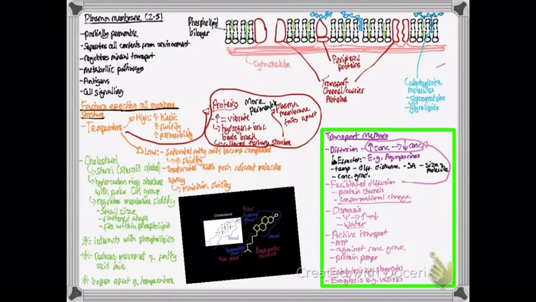So endocytosis is ultimately vesicle formation, whereas exocytosis is the vesicle fusing with the plasma membrane and releasing the contents out. Okay, so ATP is required for both endocytosis and exocytosis.